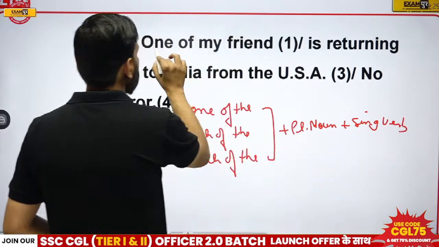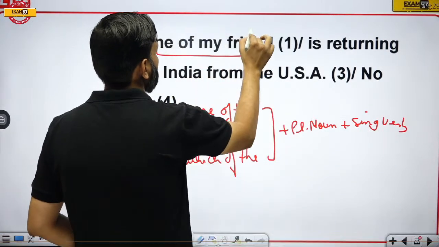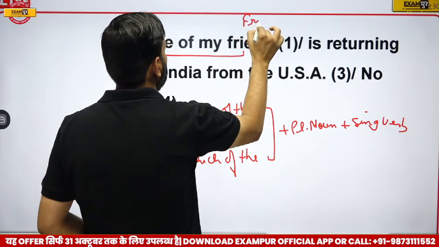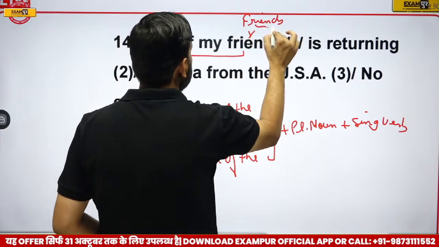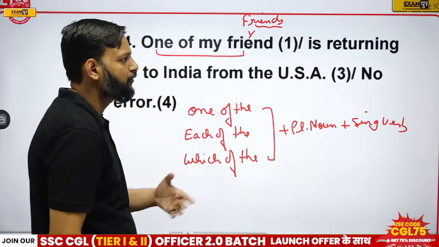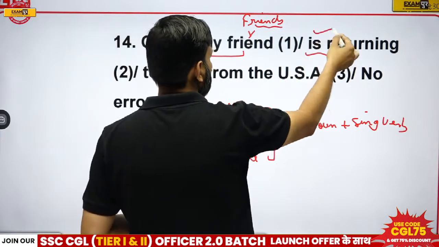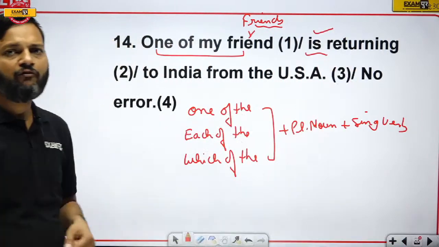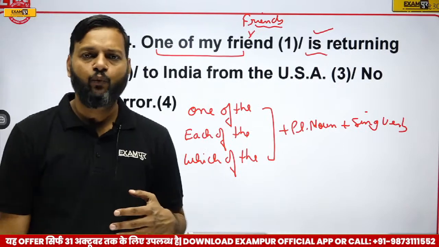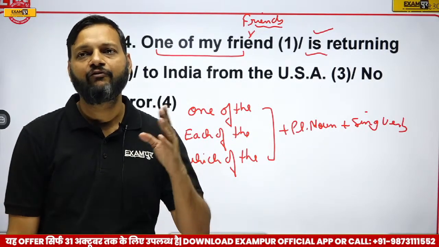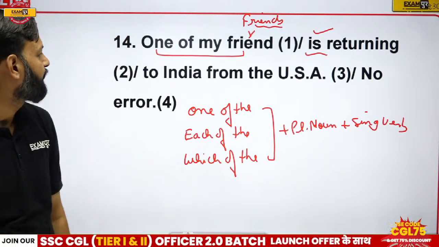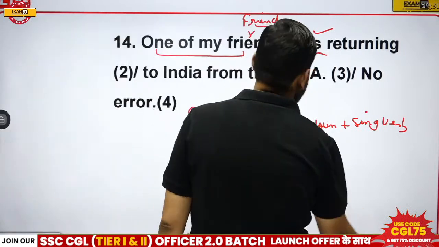So here we have one of my friend. In place of friend, friends, a plural noun, will be used, and the verb should be singular, so it is already singular, which is absolutely right. So one of my friend will be replaced by one of my friends. Okay. Now the next one.